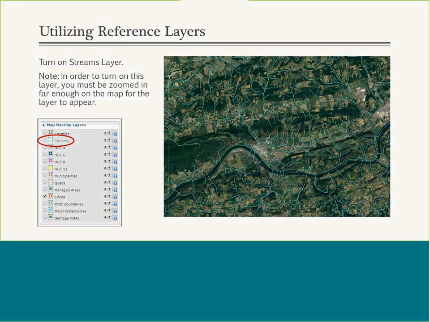And this is because it's saying this is so detailed that I can't draw it when it's so far out. You need to zoom a little bit further in to actually use this layer. And once you get to the point that you can turn it on, once you're zoomed in far enough, that word streams will be dark, like a bold color. It won't be that light gray, and that will essentially be telling you that you can then turn this on. So that's what the streams layer looks like.